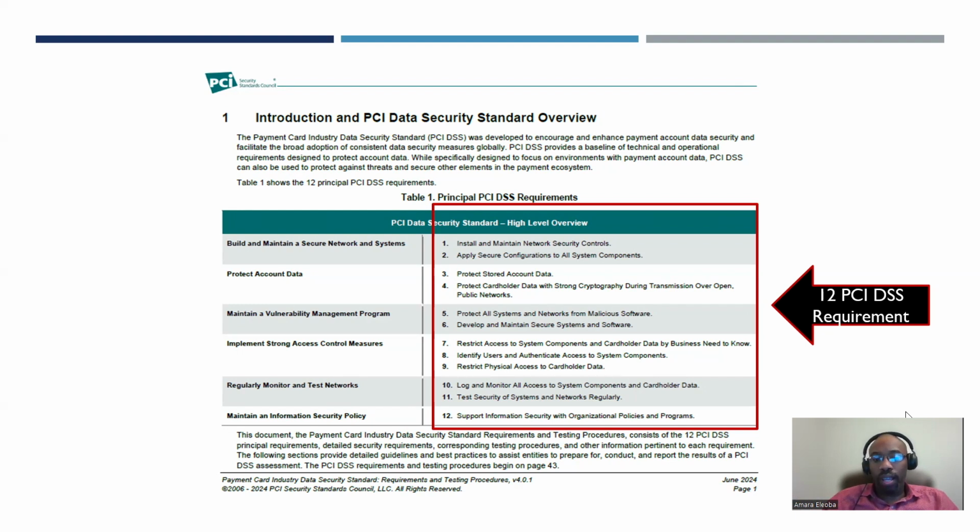Requirement 10 will look into logging and monitoring all access to system components and the cardholder data environment. Requirement 11 will look into testing the security of systems and networks regularly. Then requirement 12, the last requirement, addresses supporting information security with organizational policies and programs.